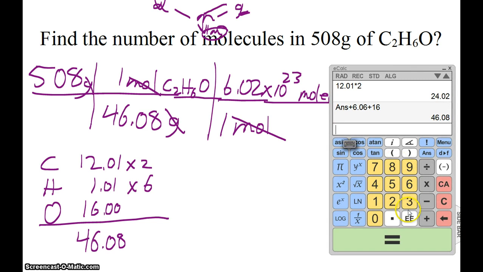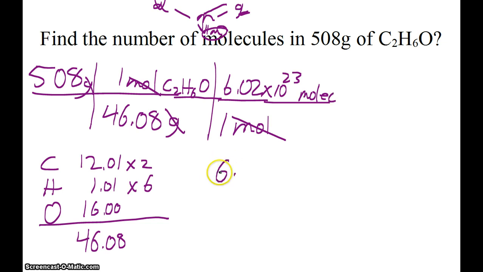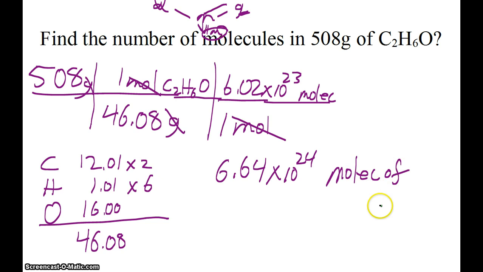We have 508 divided by 46.08 times 6.02 second function to the 23rd, and that equals 6.636. So 6.64 times 10 to the 24th molecules of C2H6O. That'd be how we solve that one problem.